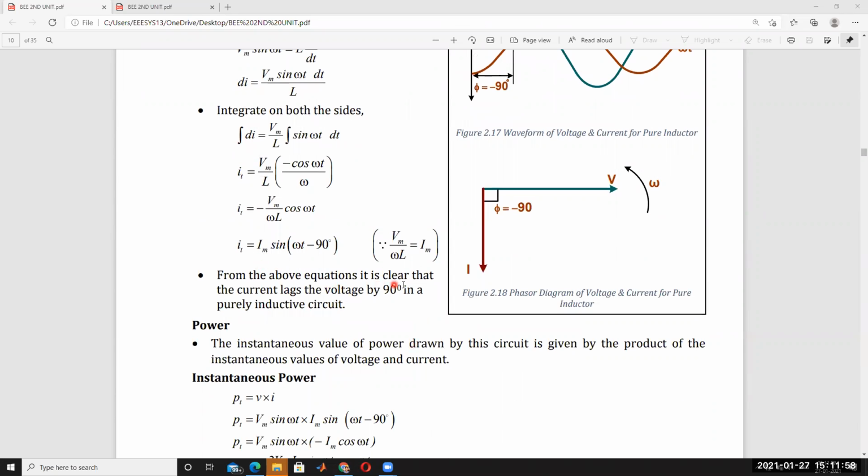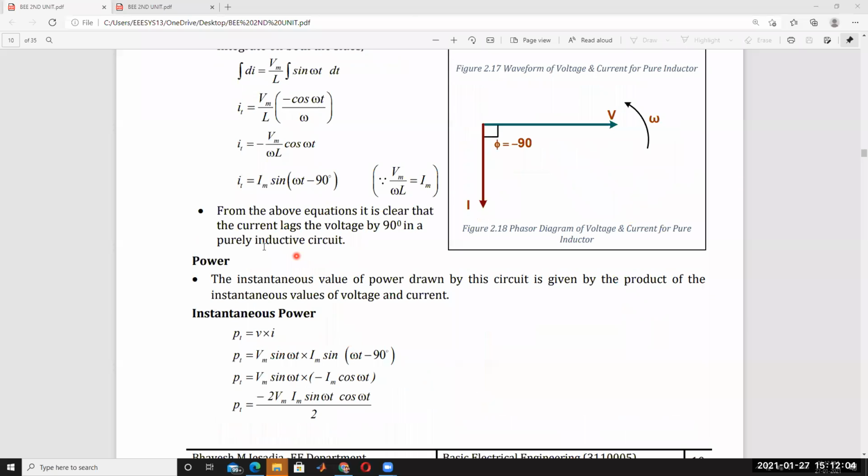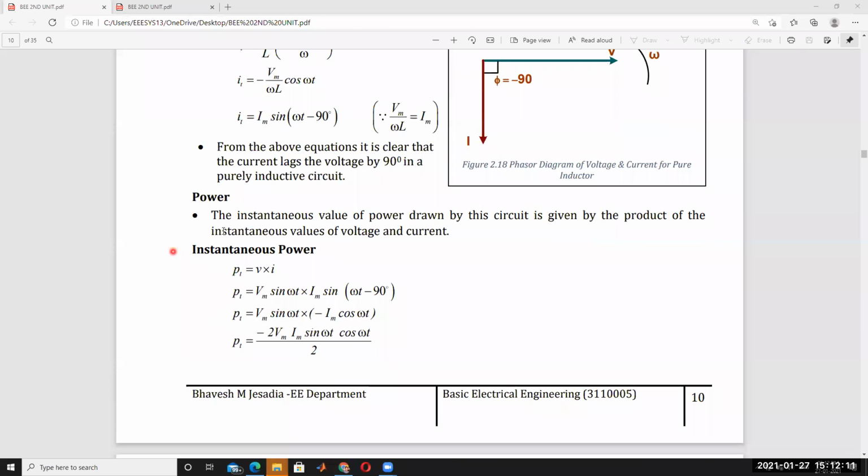From the above equations, it is clear that the current lags the voltage by 90 degrees in a purely inductive circuit. The instantaneous value of the power drawn by the circuit is given by the product of the instantaneous values of voltage and current.